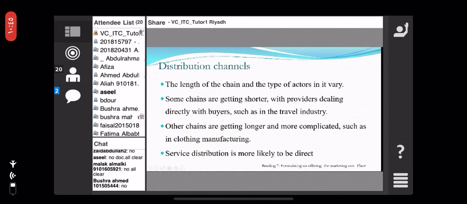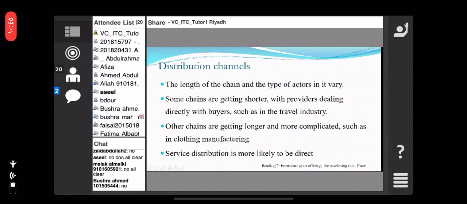Distribution channel: the length of the chain and the type of actors in it vary. It is always different. Some chains are getting shorter, with providers dealing directly with buyers, such as in the travel industry. For example, you want to buy a ticket.